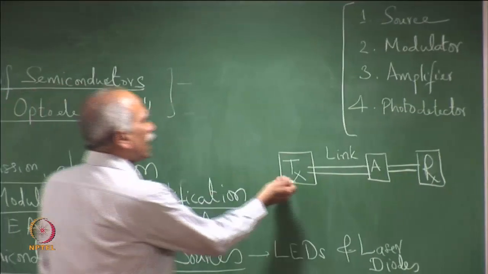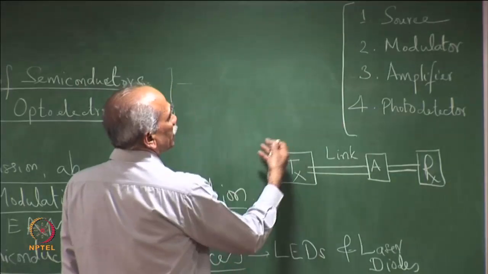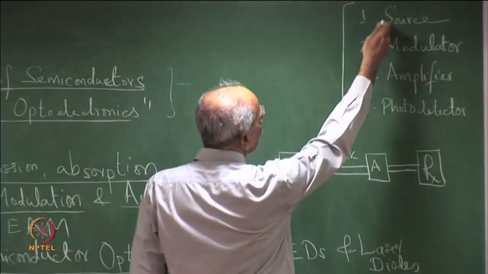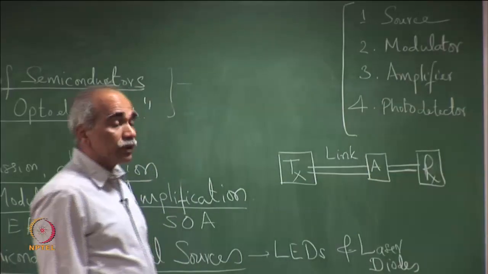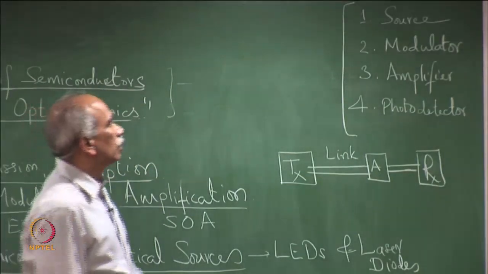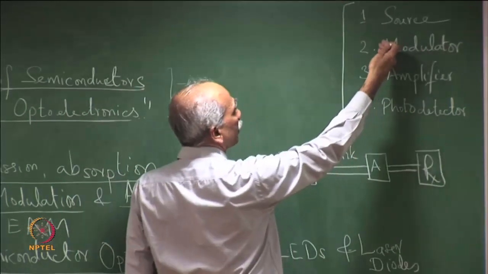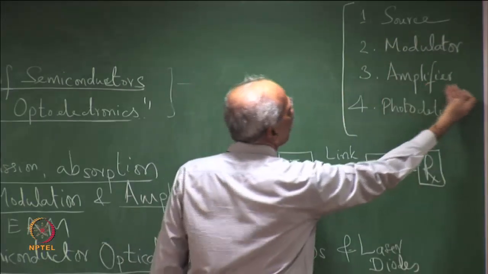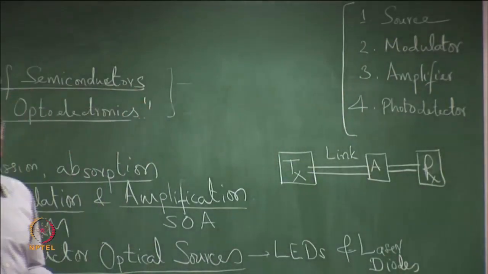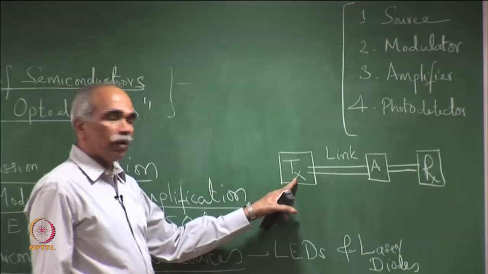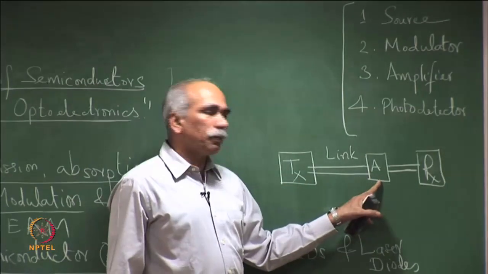So, the transmitter, apart from the electronic circuitry, comprises an optical source and a modulator, and there could be a power amplifier which boosts the power at the transmitter itself, and there could be inline amplifiers.